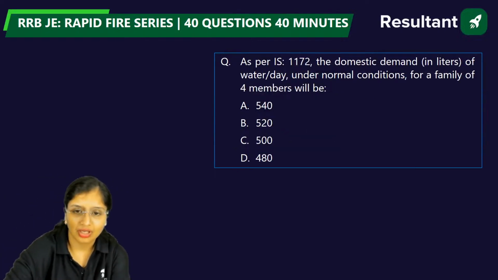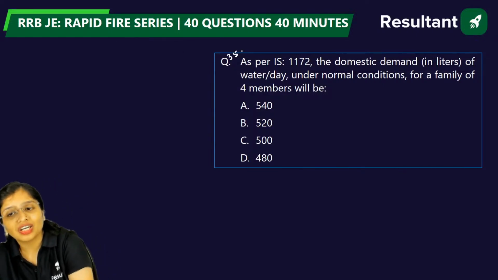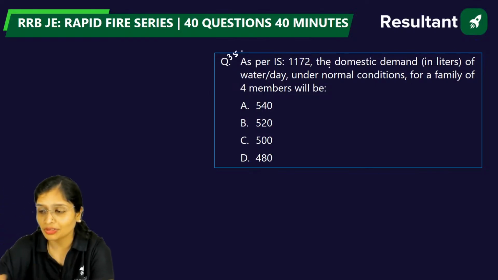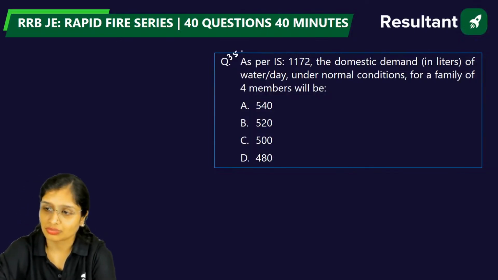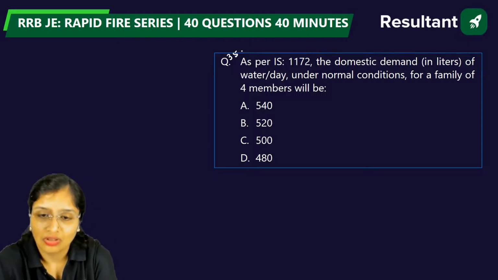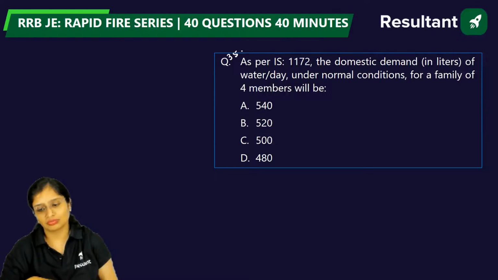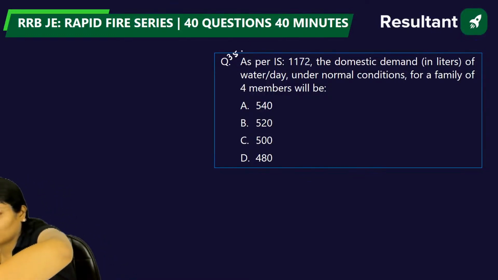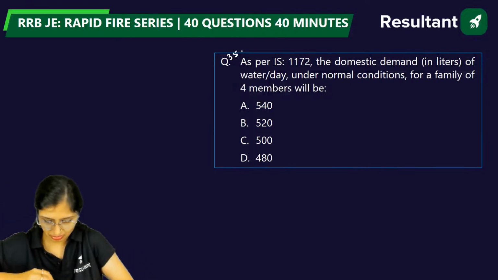Okay. Question number 35. As per IS 1172, domestic demand under normal conditions for a family of 4 members. So 4 members are there. What will be the domestic water demand?